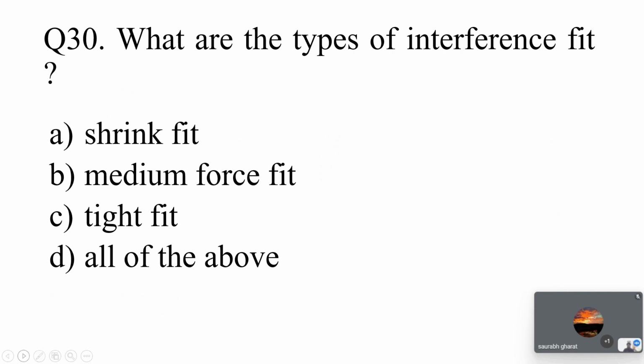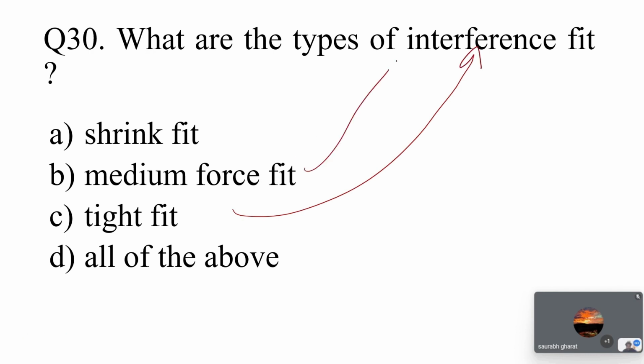You can refer to the slides also to see the different types. Shrink fit is a medium force fit, and tight means it is closely going to interference.